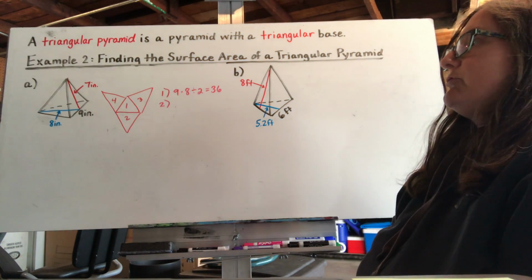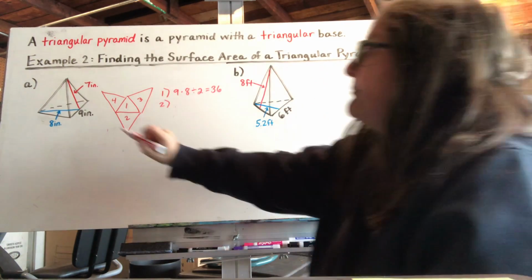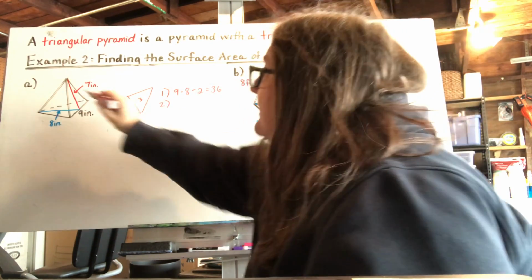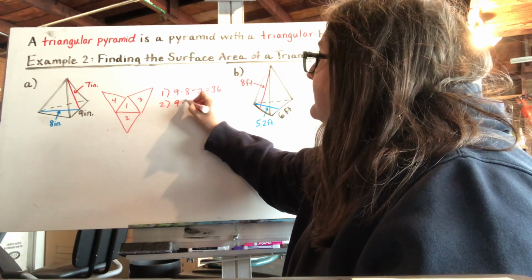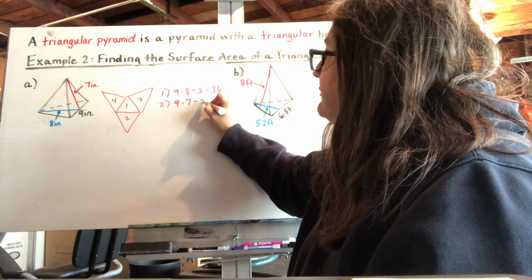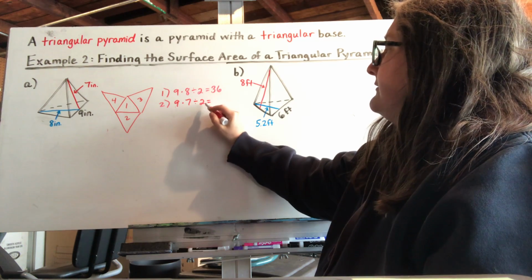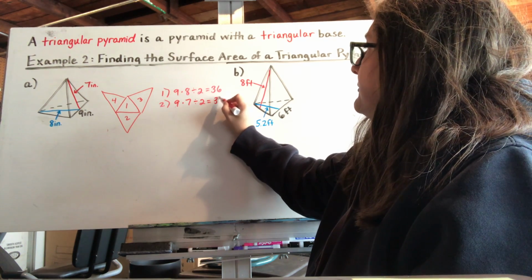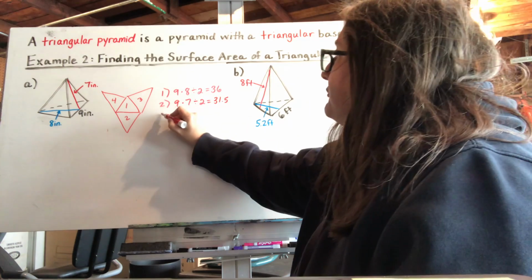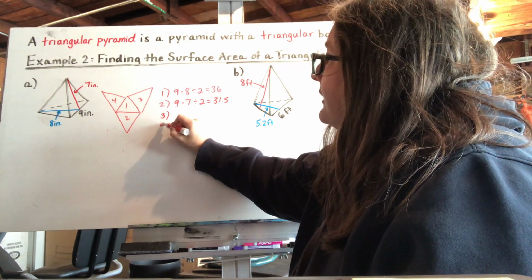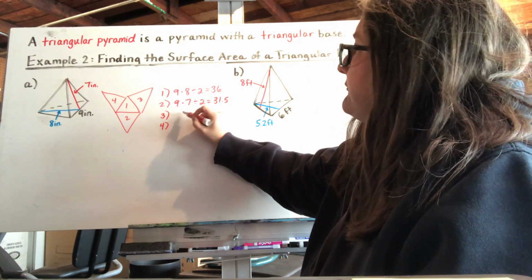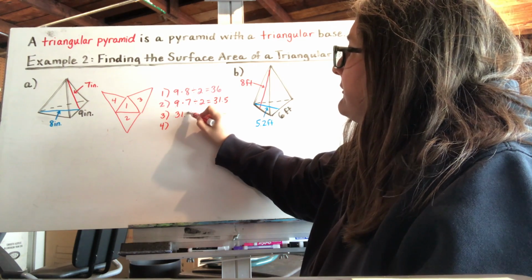Now I'm going to do the triangles that go up towards the top point. These guys, they have a base of 9 and a height of 7. Divided by 2, because it's a triangle. So this gives me 63 divided by 2 gives me 31.5. So my other triangles leading up to the top, triangles 3 and 4, will also be 31.5.